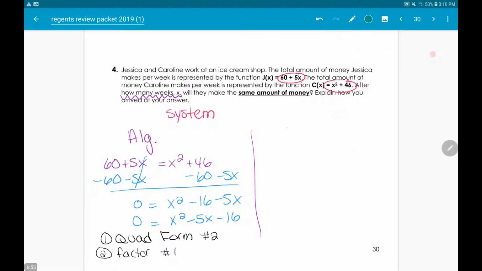If it doesn't, I like to use my calculator and get the answer that way. So I type in them both into y equals separately. So 1 in y1 and 1 in y2.